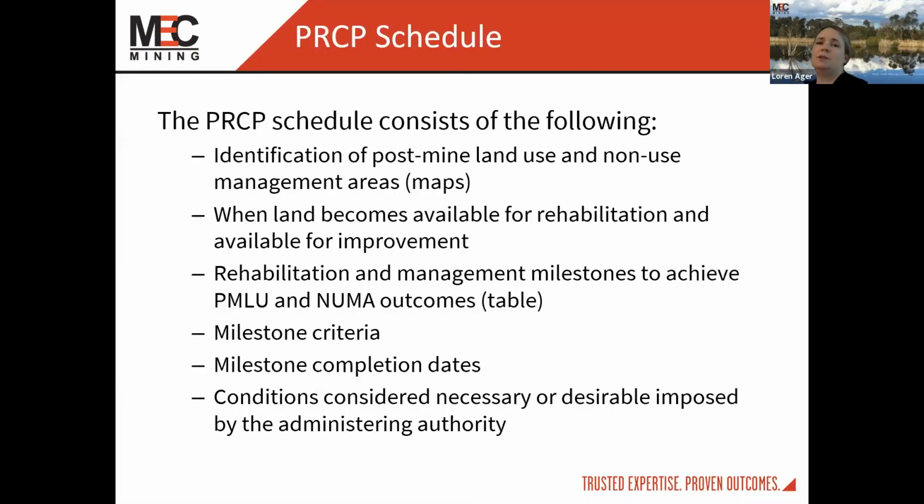The PRCP schedule consists of the following: the identification of PMLUs and NUMAs, when land becomes available for rehabilitation or for improvement, rehabilitation and management milestones to achieve those areas, milestone criteria and completion dates, and any considerations necessary or desired imposed by the authority. Once approved by the authority, the PRCP schedule becomes a legally binding and enforceable instrument with which the holder must comply.